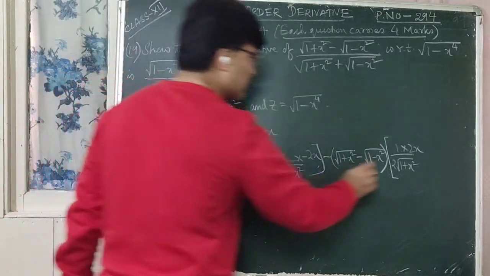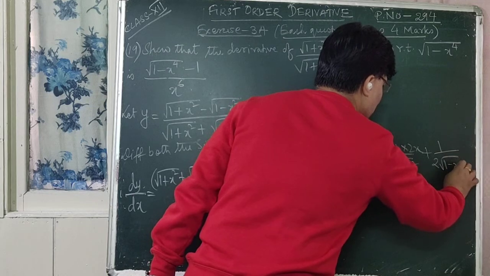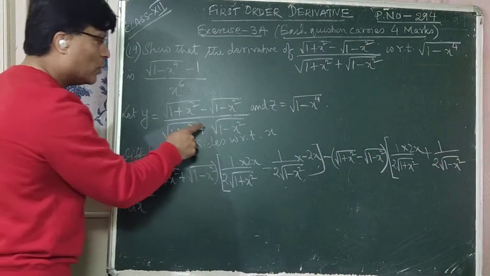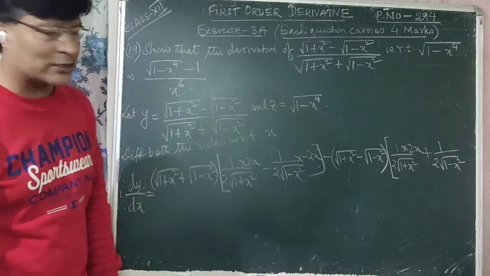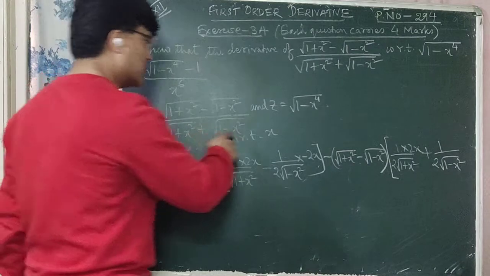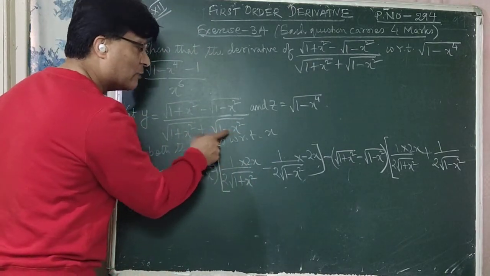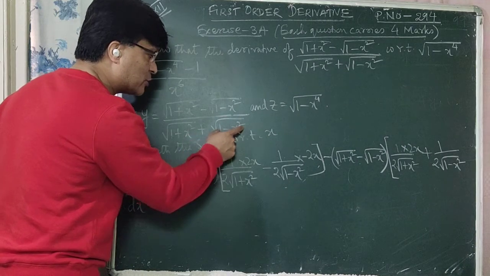Then plus 1 upon 2 root over 1 minus x square. Again differentiate root over 1 minus x square. What is the differentiation of root over 1 minus x square? That is 1 by 2 root over 1 minus x square into what? 2x. Again into minus 2x. Again differentiate the term which is assumed as x. In this case we had assumed 1 minus x square as x.